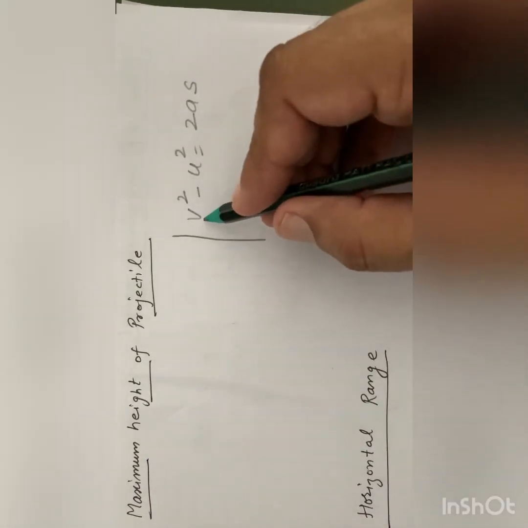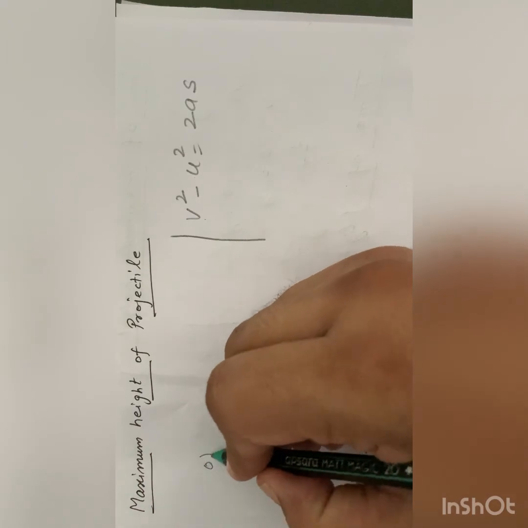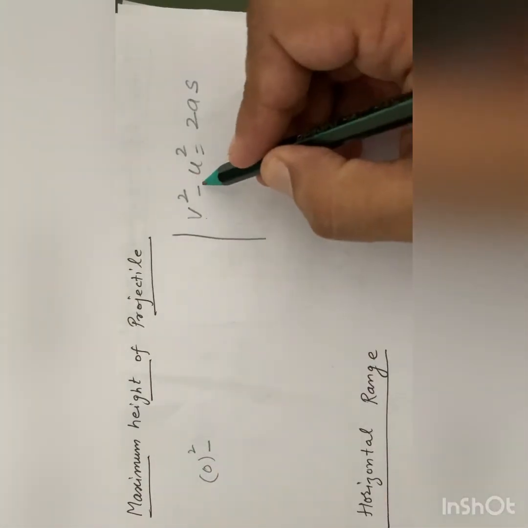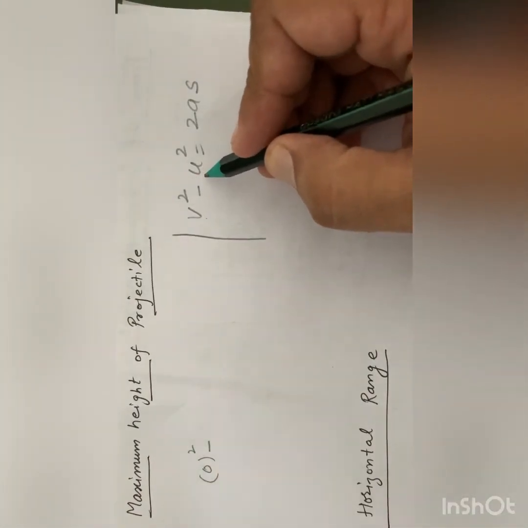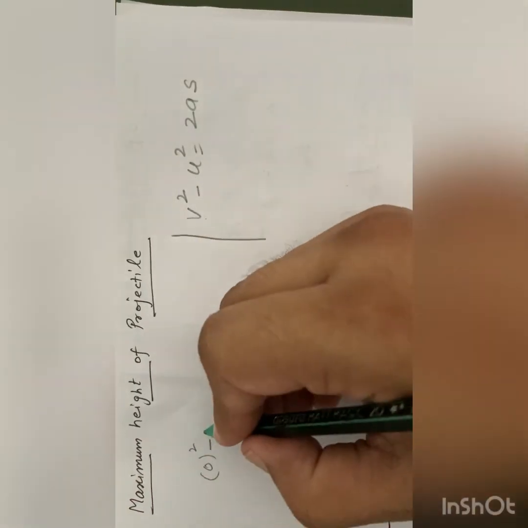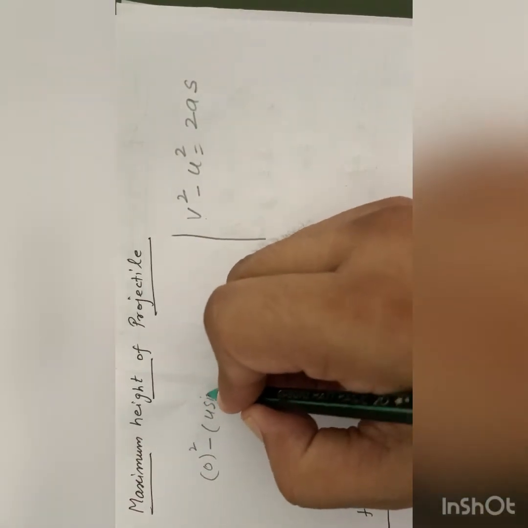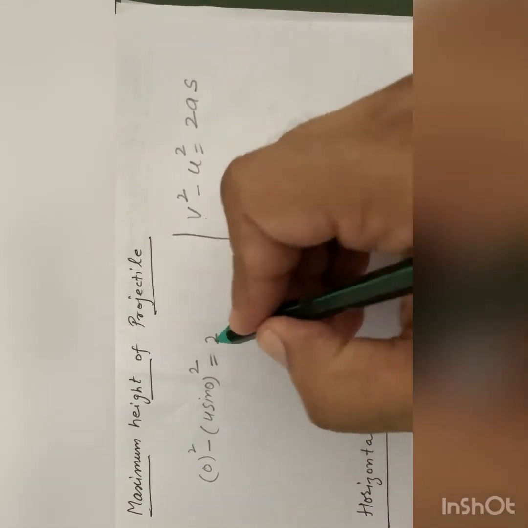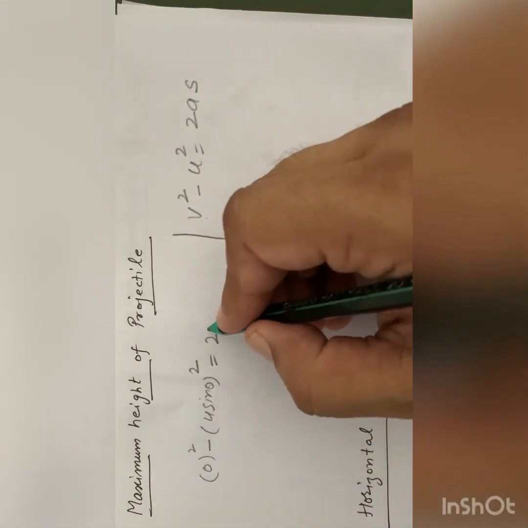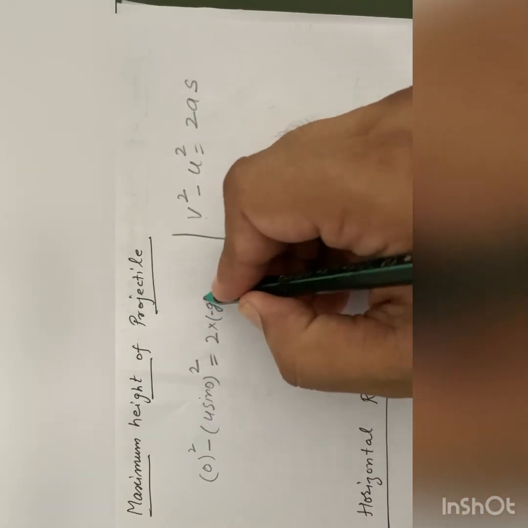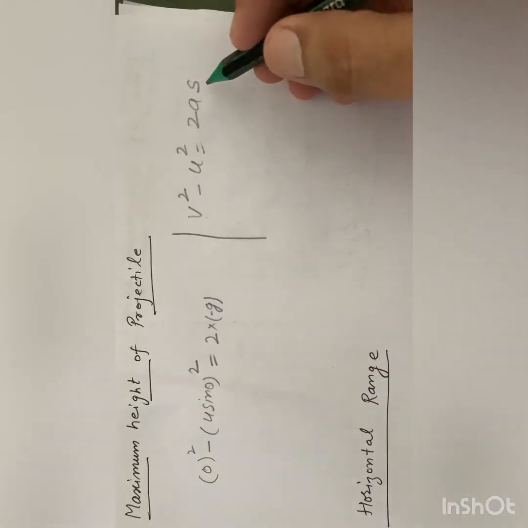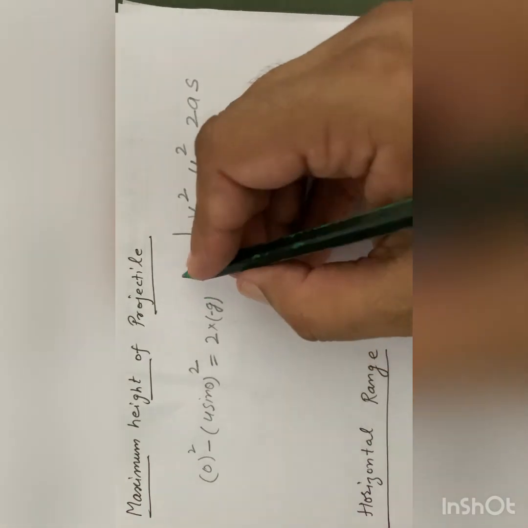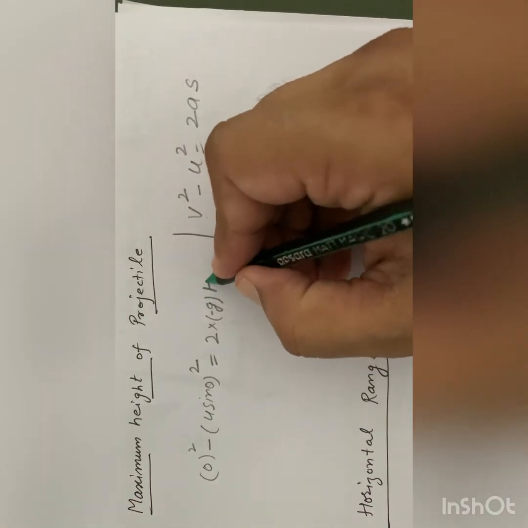Here we have 0 minus u square, where u is u sin θ, equal to 2 times acceleration due to gravity, minus g, times s, that is the maximum height, say h.